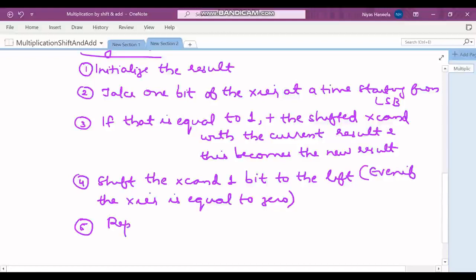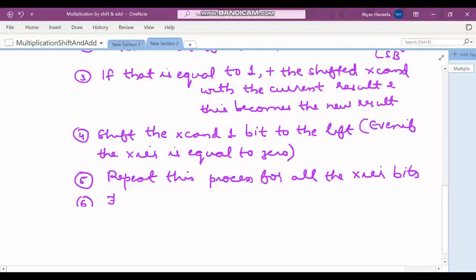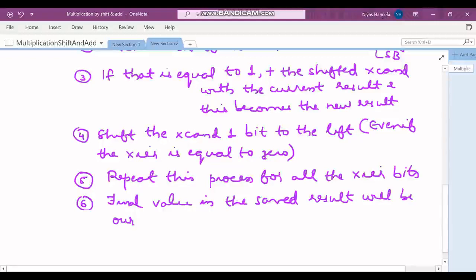Repeat this process for all the multiplier bits. After you do that, the final value in the saved result will be our final result.